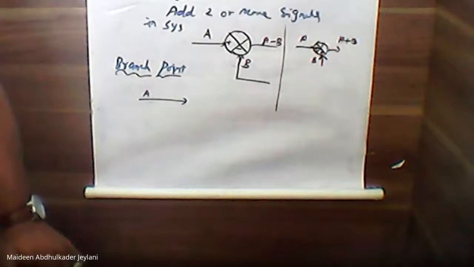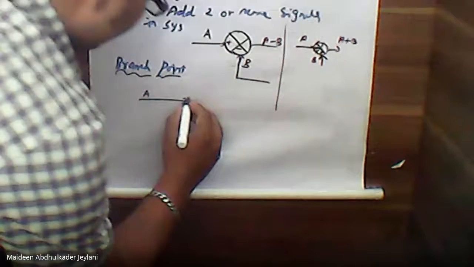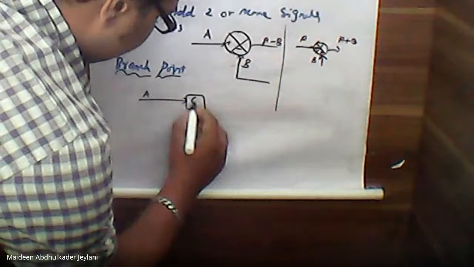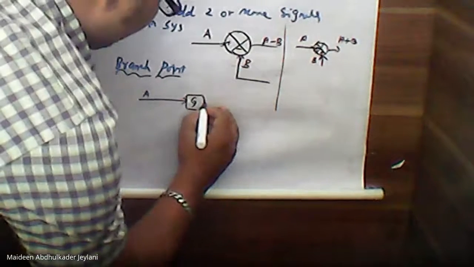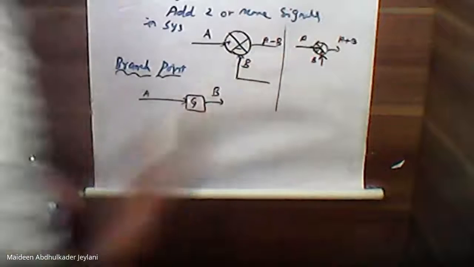Consider one input A going to a system with gain G here, and our output is B here.